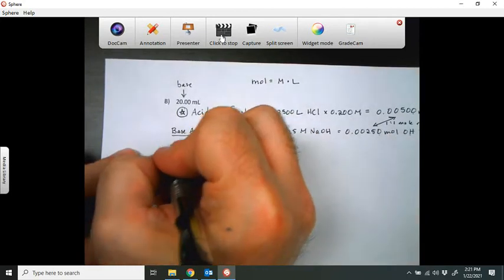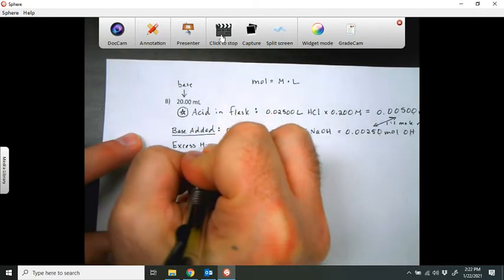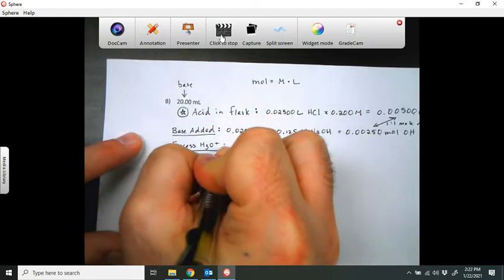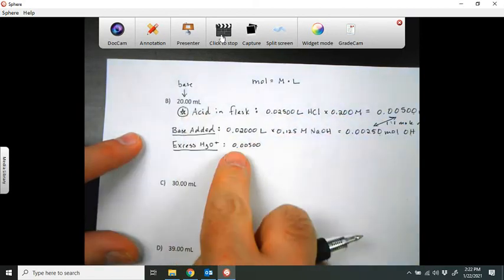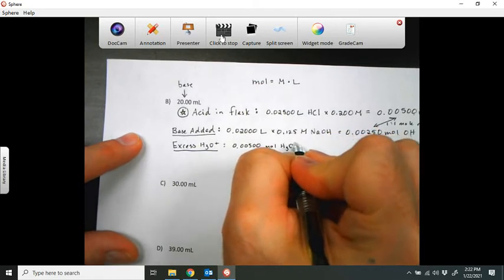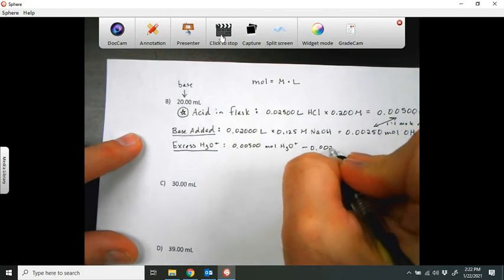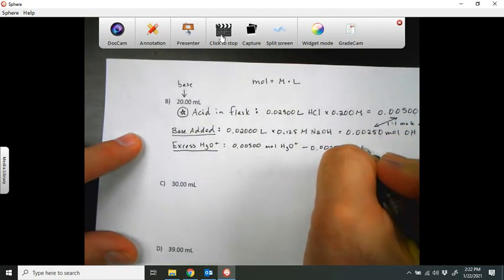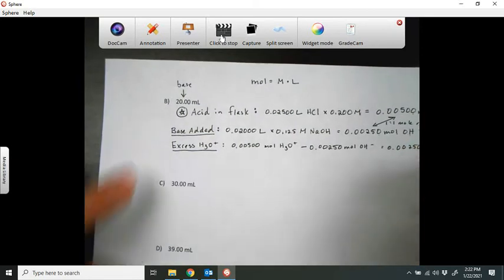That means we can calculate the excess H3O plus present by subtracting. So that's how many moles of H3O plus minus our moles of base, because they're in a 1-to-1 mole ratio, gives us 0.00250 moles of H3O plus left over.